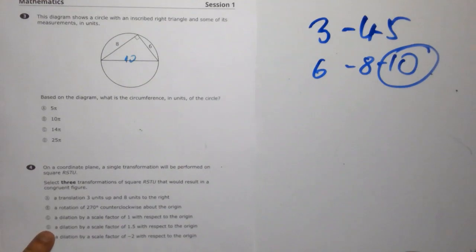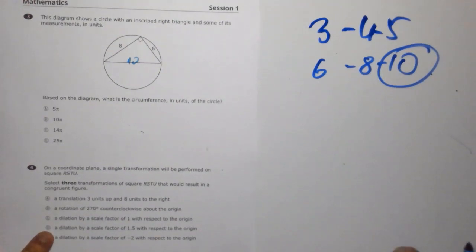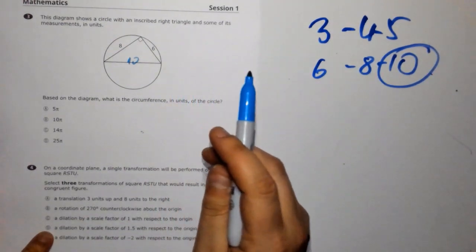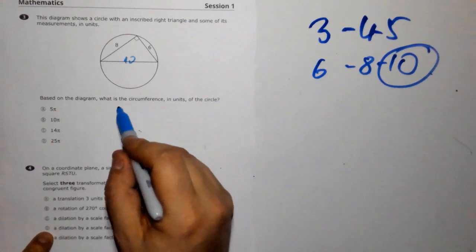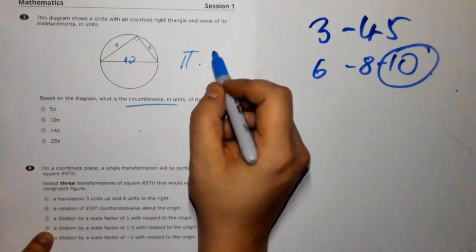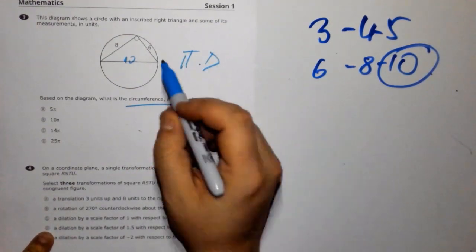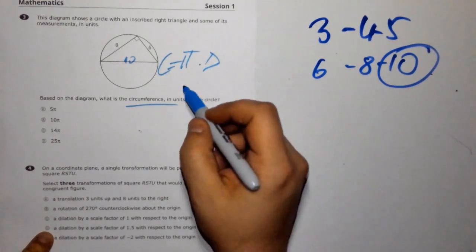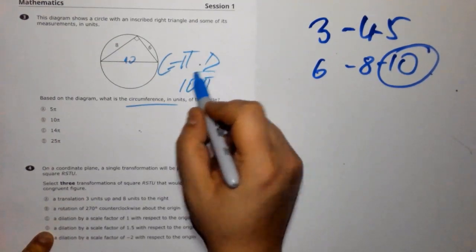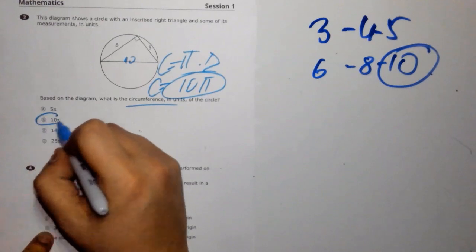All they're asking is, do I know 3, 4, 5 triangles? Can I tell the proportions from it? The formula for circumference is pi times the diameter, and in this case, it would be 10 pi.